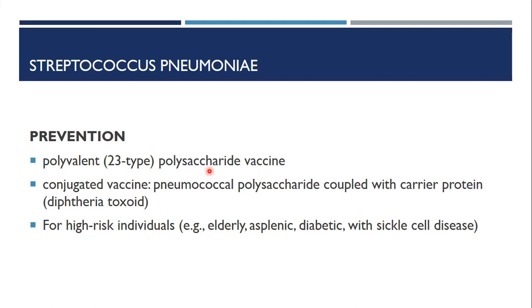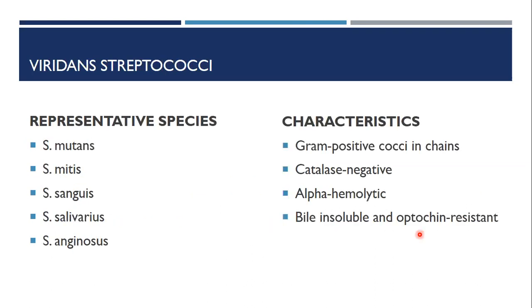Some vaccines are conjugated and coupled with a carrier protein, and these vaccines are usually given to high-risk individuals. So elderly, asplenic, meaning an individual in which the spleen has been removed, diabetic patients and patients with sickle cell disease.